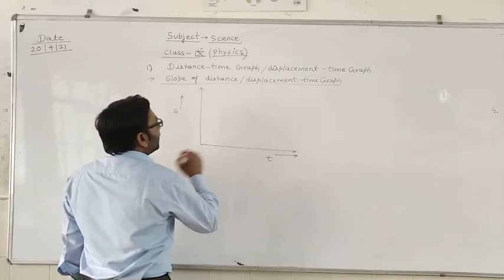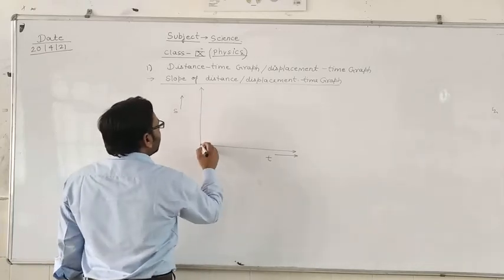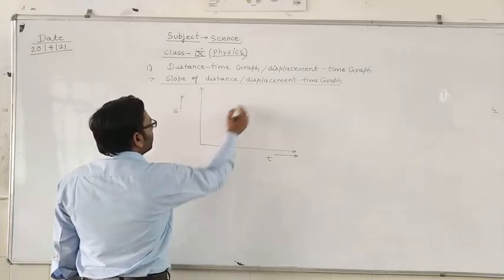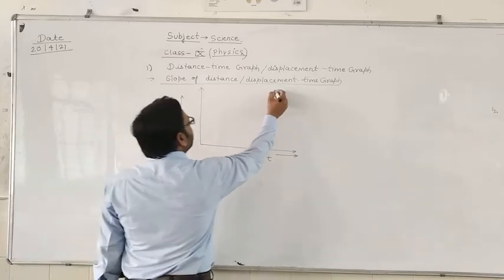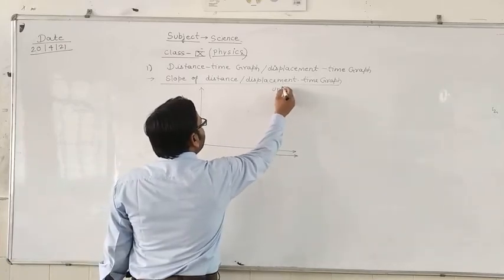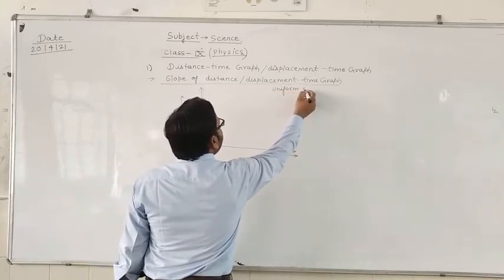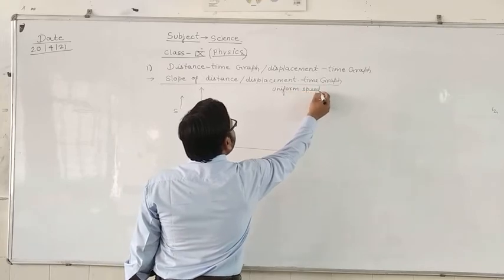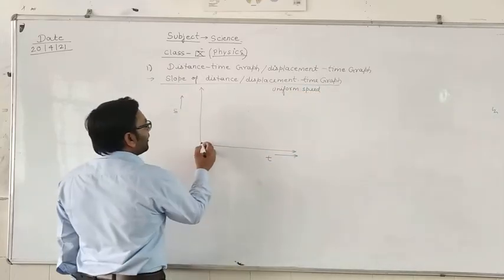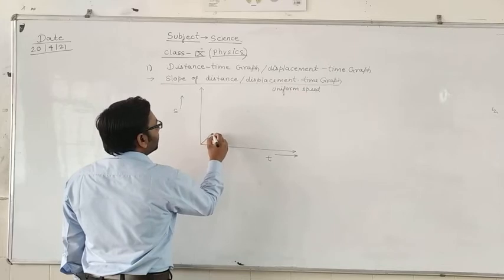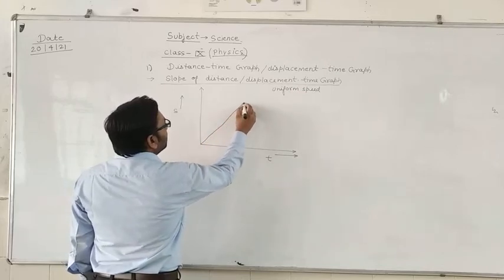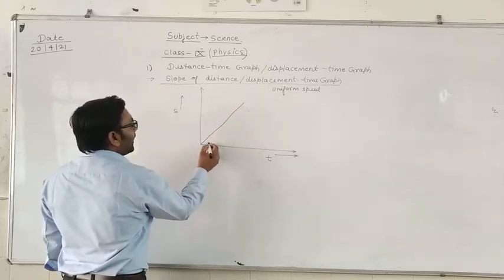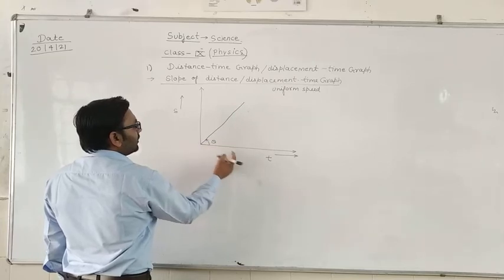Now suppose we are having a second case. Suppose the object is moving with uniform speed, which means the speed is constant. Then what type of graph do we get? We get a graph which is a straight line, inclined at some angle with the time axis.